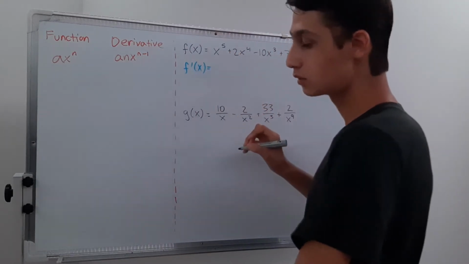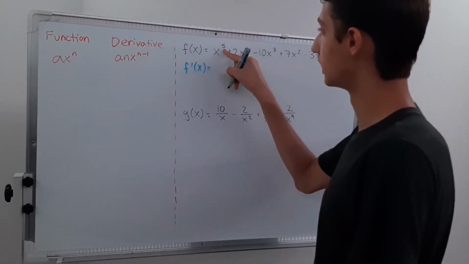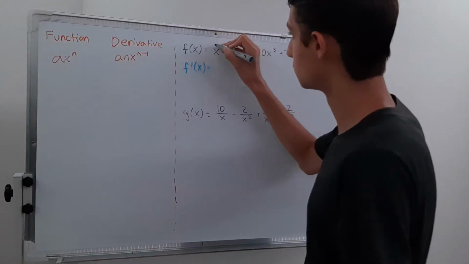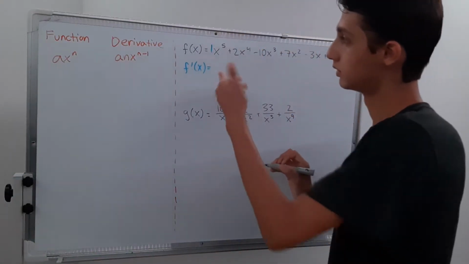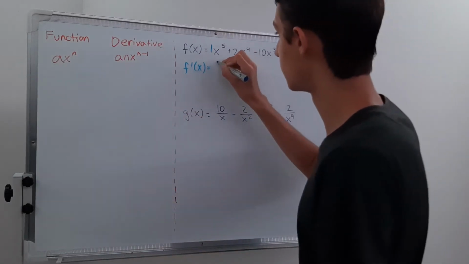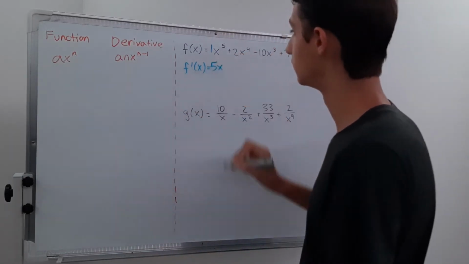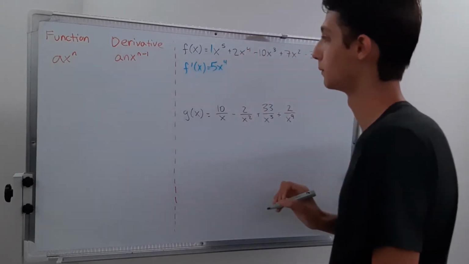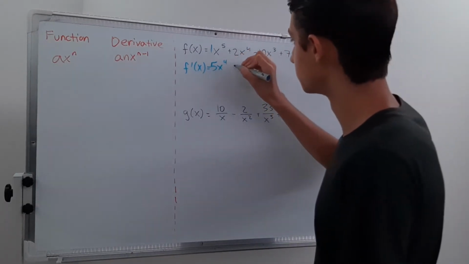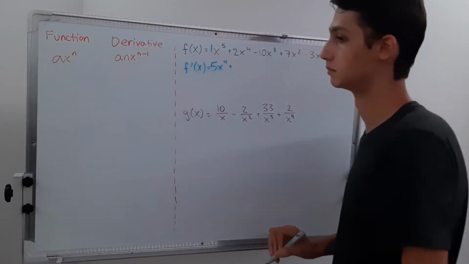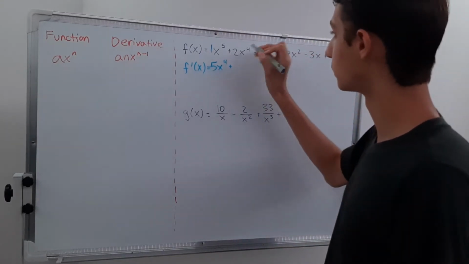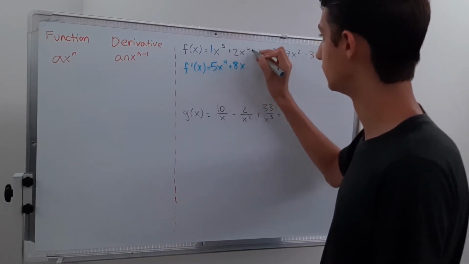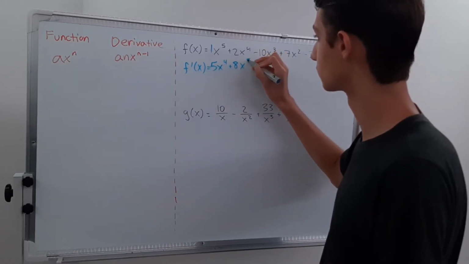So let's just do it. First we multiply the coefficient to the front. There's a 1 here, so it's just 5 times x to the, and then we subtract 1 from our exponent, that's 4. Now we just add each other term. 4 times 2 is 8, and then x to the, subtract 1 from 4, that becomes 3.